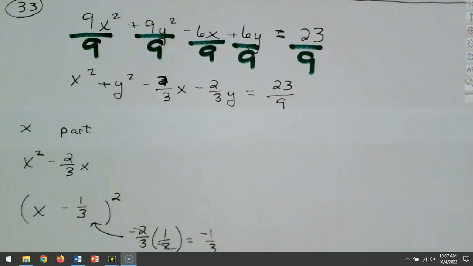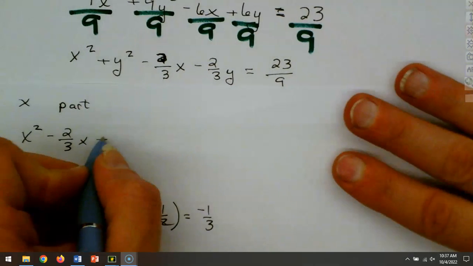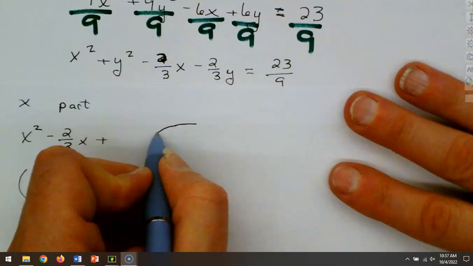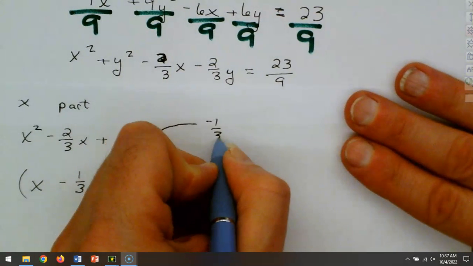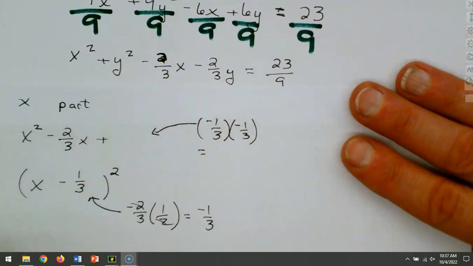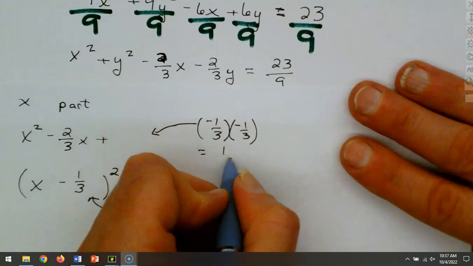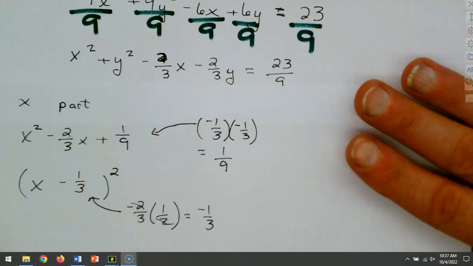Half the fraction. Multiply it by half, the 2's cancel, that leaves you with a minus 1/3. Now, what am I going to have to add in up here? Well, you've got a minus 1/3, and we have to square it. When I multiply those together, what does that give you? 1/9. So that's what we're going to have to add in.